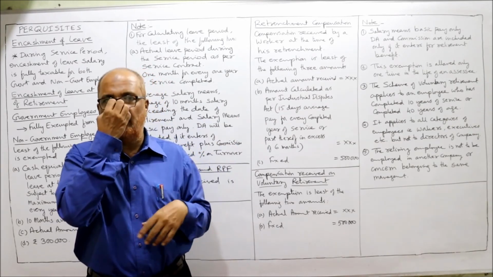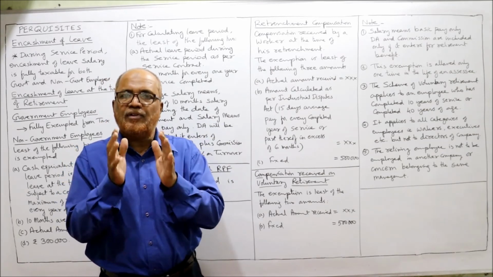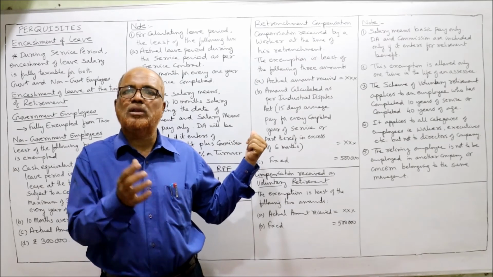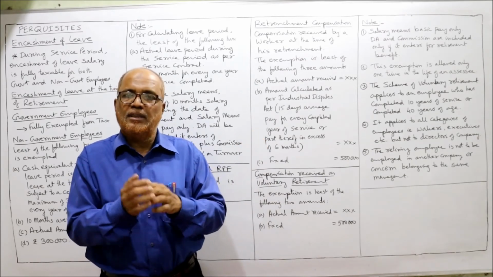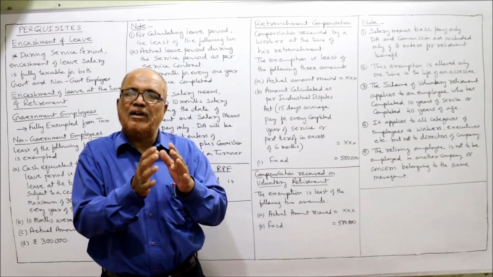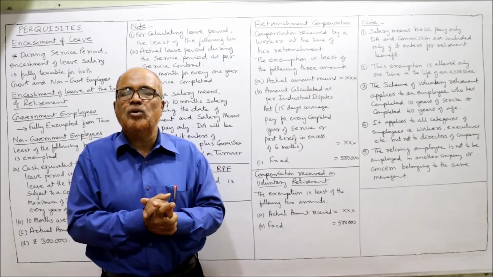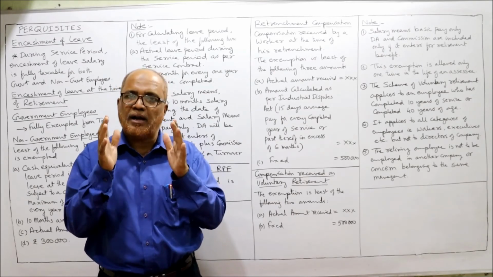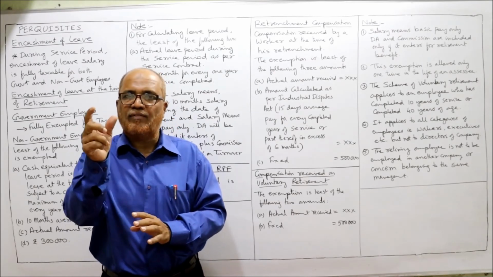All these things I have given the complete explanation. After watching this video, we can start the problems. A few problems we will solve on this voluntary retirement. Then we'll go to the last part, that is Provident Fund, different types of Provident Fund. Then lastly we'll do comprehensive problems on salary. That will mark the end of the topic, income from salary.